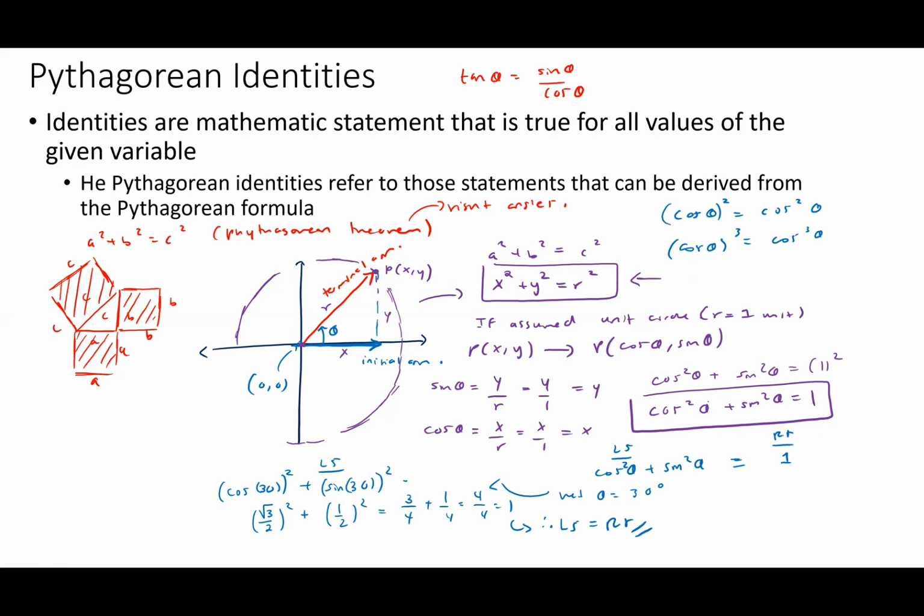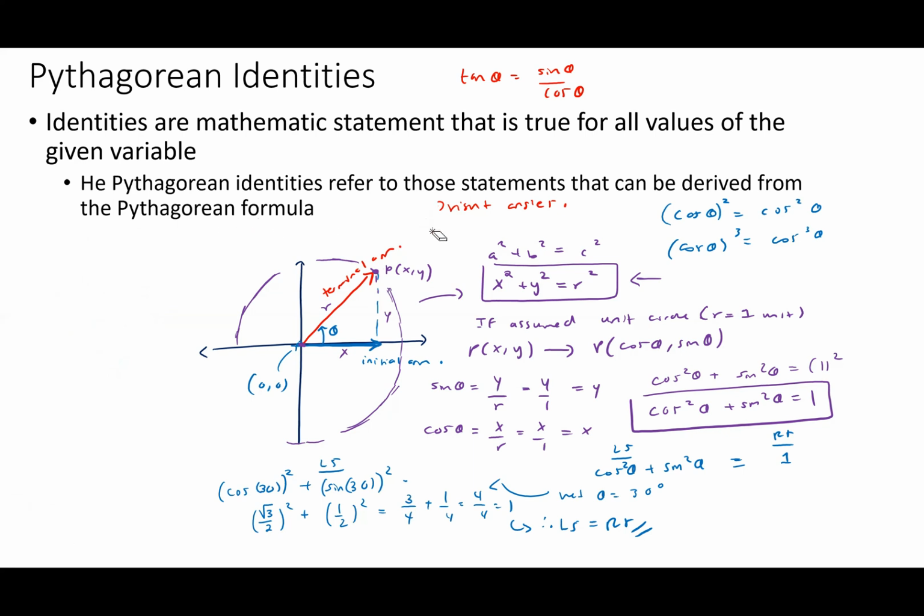From this, we can actually create the other identities that you're going to be using. Okay. So one way we can show that, let me make some space here. Hopefully you understand the Pythagorean theorem by now. It is one of the most fundamental math topics you would have talked about in your previous math courses.